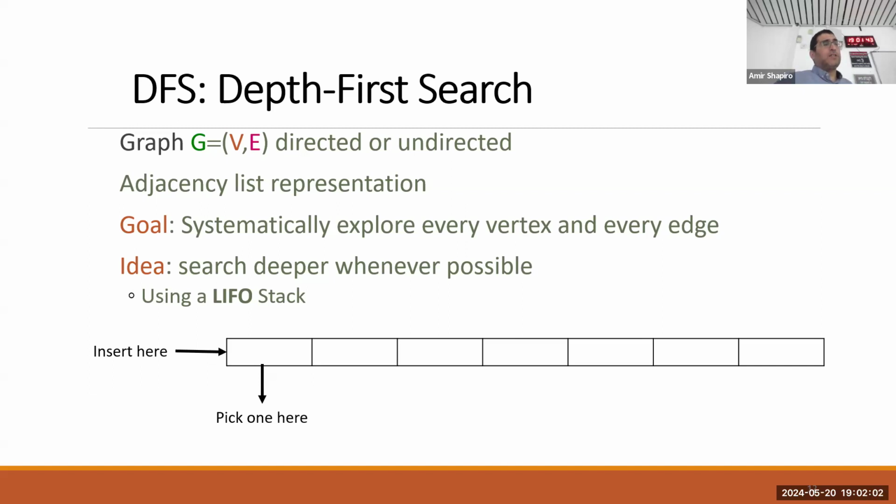It's a greedy algorithm that goes directly to the target. It has a graph, which can be directed or undirected. It has the adjacency list representation of the vertices and the edges. And the goal is to systematically explore every vertex and every edge from the start to the target.